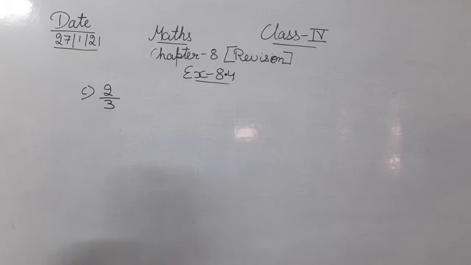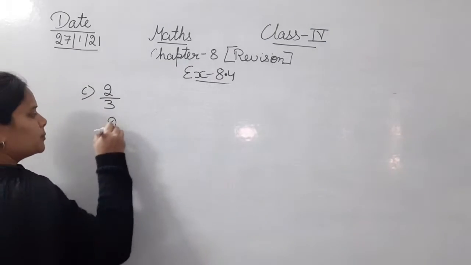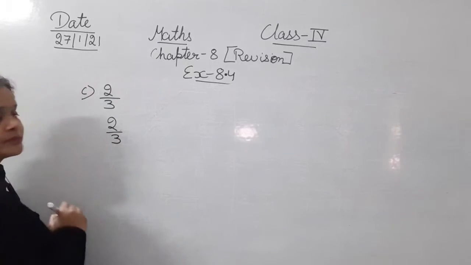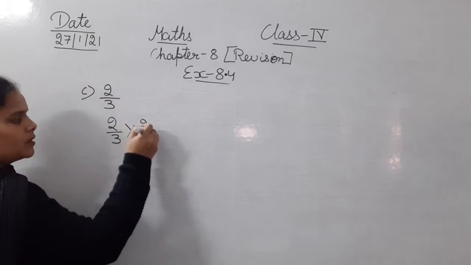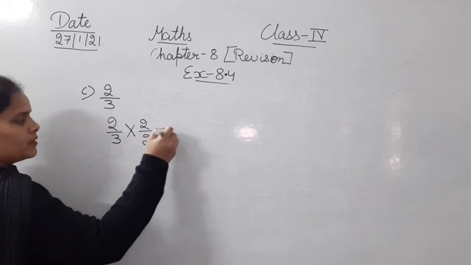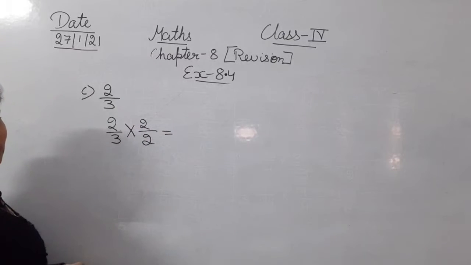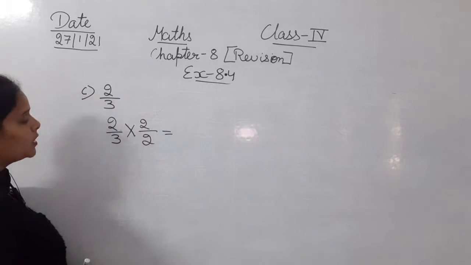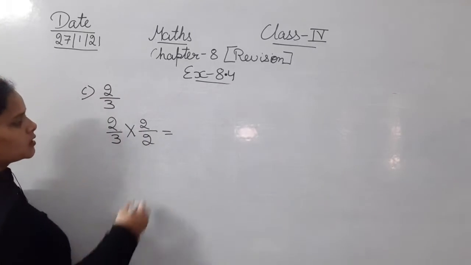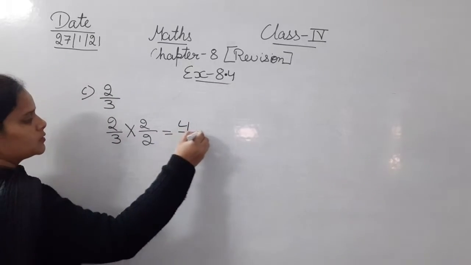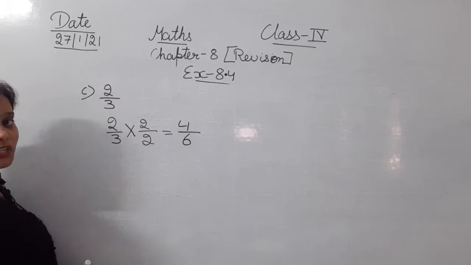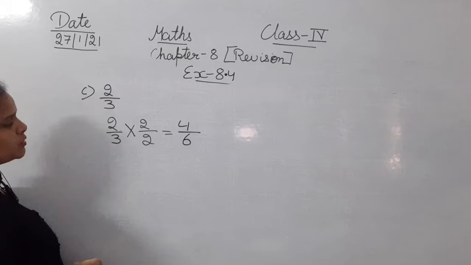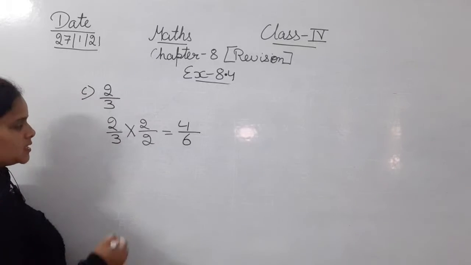Okay, so 2 upon 3 multiply by 2 upon 2. So we will multiply both numerator and the denominator with the same number. 2 2s are 4, 3 2s are 6. So the first equivalent fraction to 2 upon 3 is 4 upon 6.